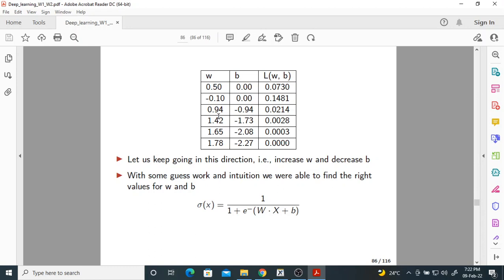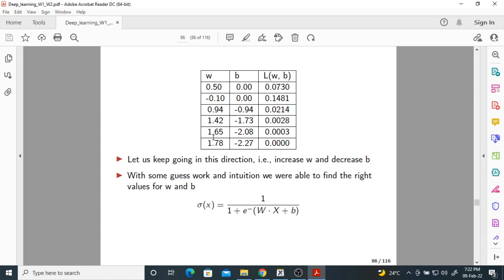So let us take W positive and B negative. In the third row, 0.94, minus 0.94. The error is 0.0214. It is less than the first row, which means we can make an educated guess, not a random guess. We have some education.